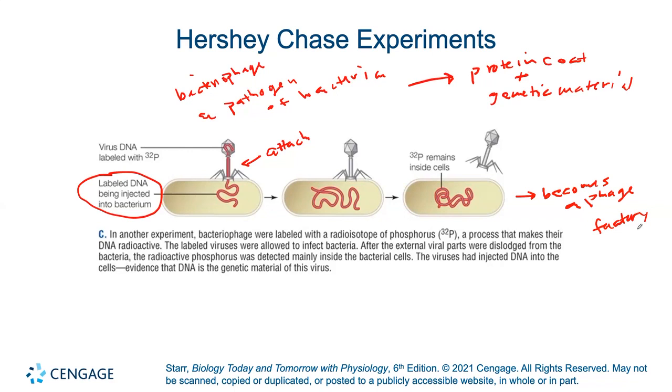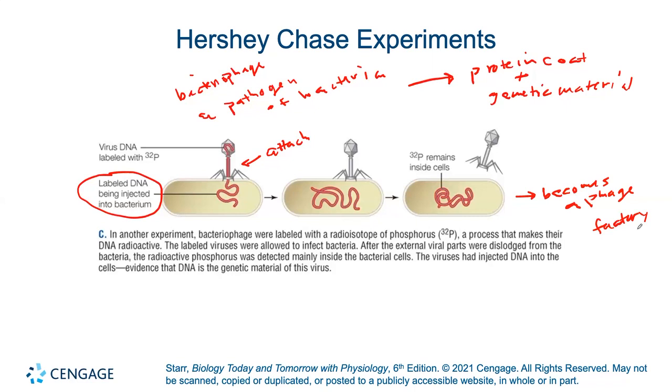So this becomes the proof, right, that this was in fact the transforming principle, right? This is what changed the bacterial cells into something different, okay? A phage factory instead of a normal bacterial cell. And the phage that were produced as a result of that were also radioactive, okay?